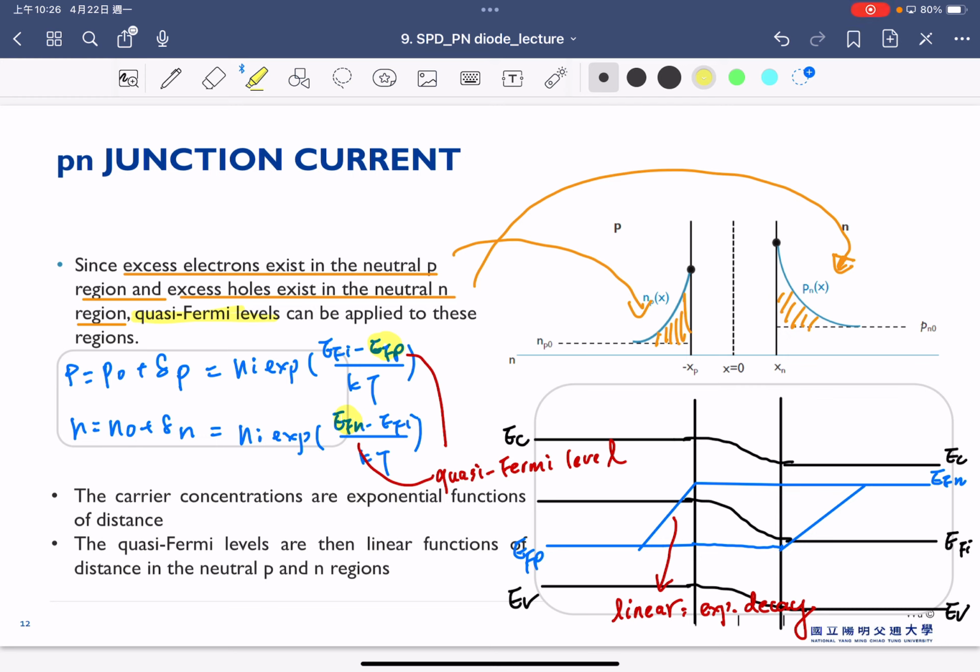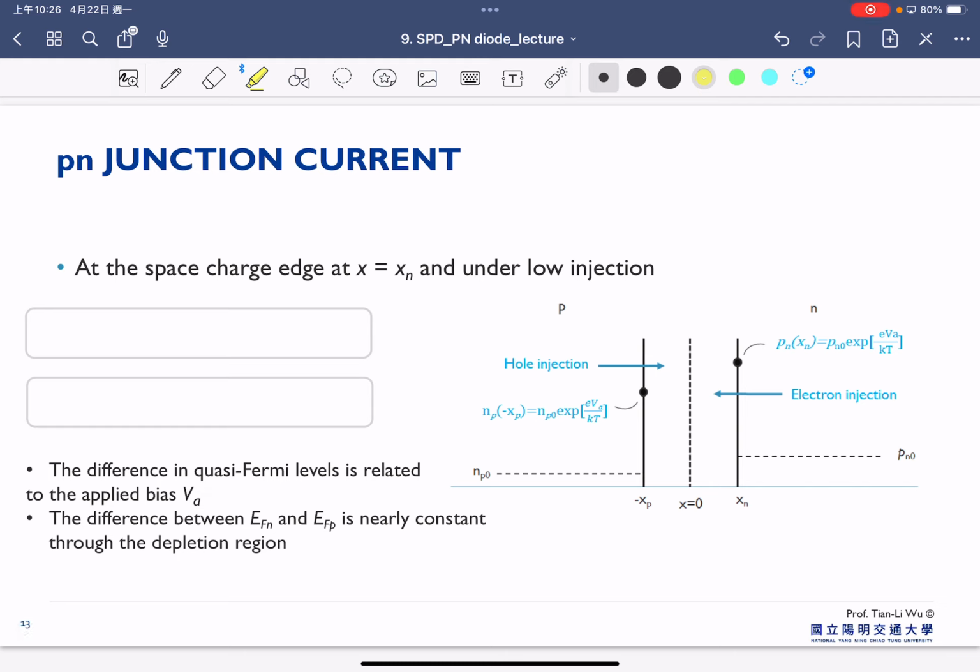So the quasi-Fermi levels are linear functions of distance in the neutral P and N regions. And at the space charge depletion boundary, we consider the low level injection here.